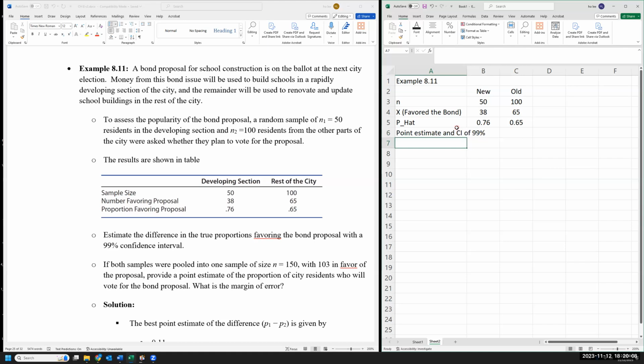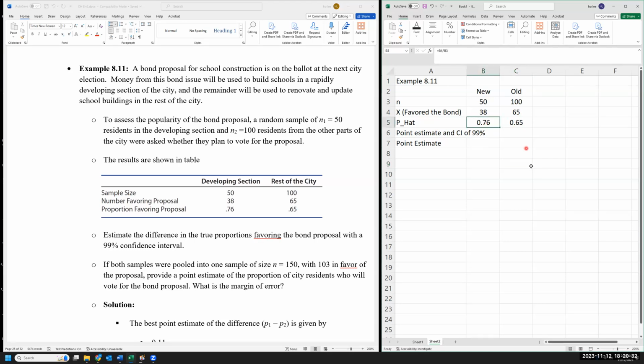So to do this, let's first calculate the point estimate. And that is equal to, and again here, just like the sample averages, we want the number to be usually positive when we present it, the rule of thumb. So here we have new is 0.76 and old is 0.65.